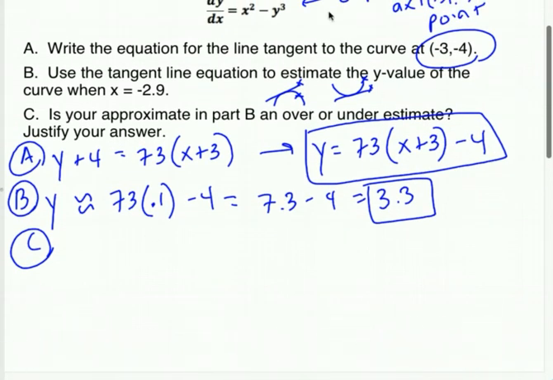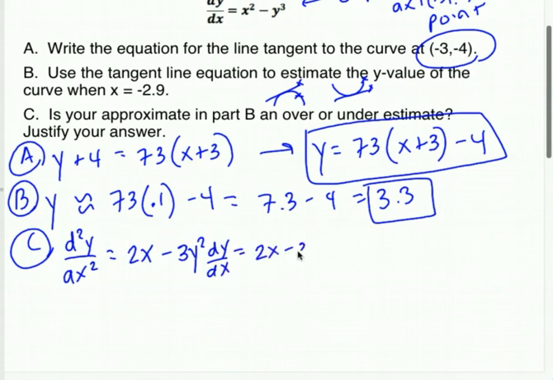All right, so since this is asking us about concavity, d squared y dx squared is going to be a 2x minus 3y squared dy dx, right, which is really a 2x minus 3y squared times an x squared minus y cubed.